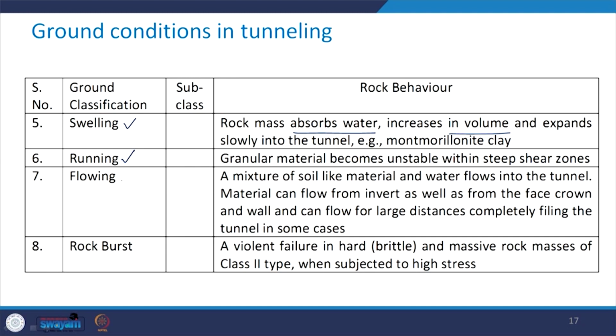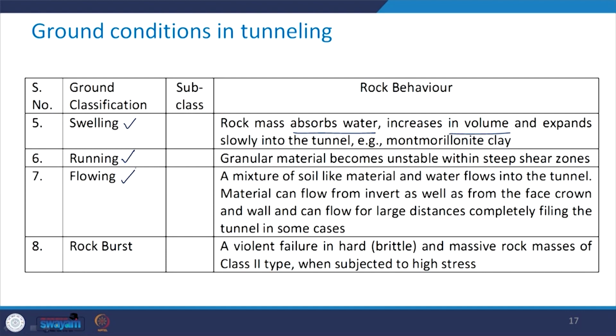In case of the flowing ground condition, a mixture of soil-like material and water flows into the tunnel. This material can flow from the invert as well as from the face, crown and also from the wall, and can flow for large distances, completely filling the tunnel in some cases, which is not desirable.